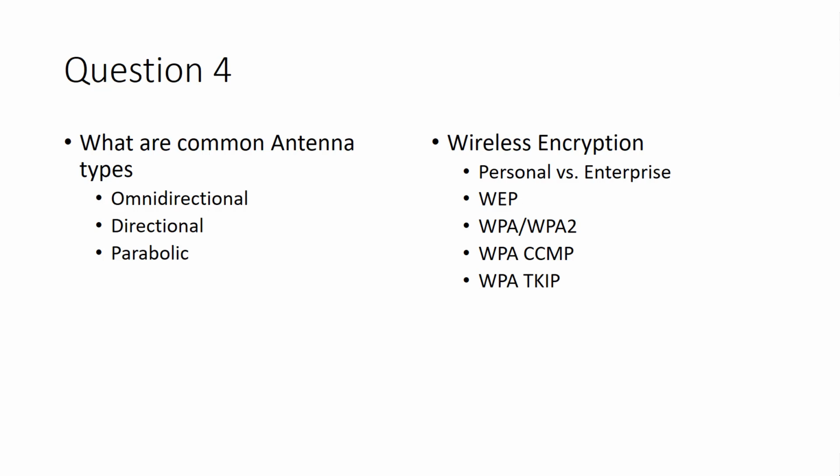Basically, TKIP is a lower end encryption protocol, and so you may not want to use it. If that's all you can do, better than nothing. So when we're looking at this, TKIP is a great way to go between WPA and WPA2, where CCMP is specifically tied to WPA2. So when possible, CCMP is the higher level encryption that you want.